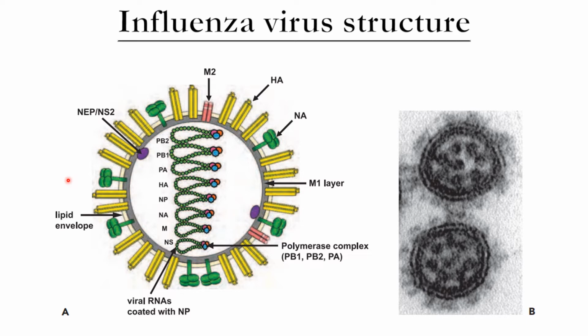It consists of the viral RNA segments, the polymerase proteins PB1, that is polymerase basic 1, PB2, polymerase basic 2, and PA, polymerase acid, and the nucleoprotein or NP. The NEP or NS2, which is the nuclear export protein or the non-structural protein 2, is also present in purified viral preparations.